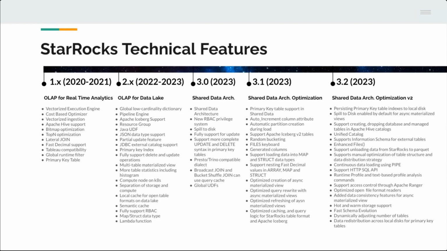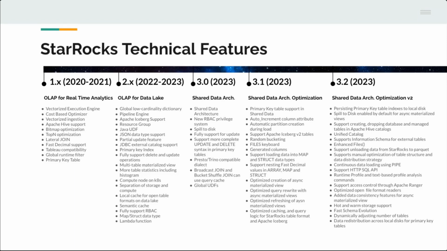In V3, we introduced the idea of the shared data architecture. Before that, 1 and 2 were a shared nothing model, and in V3 we introduced shared data. Across the 3 series, we've been moving capability from shared nothing into shared data. Because we introduced the new architecture, some capabilities need to be redesigned or re-architected.